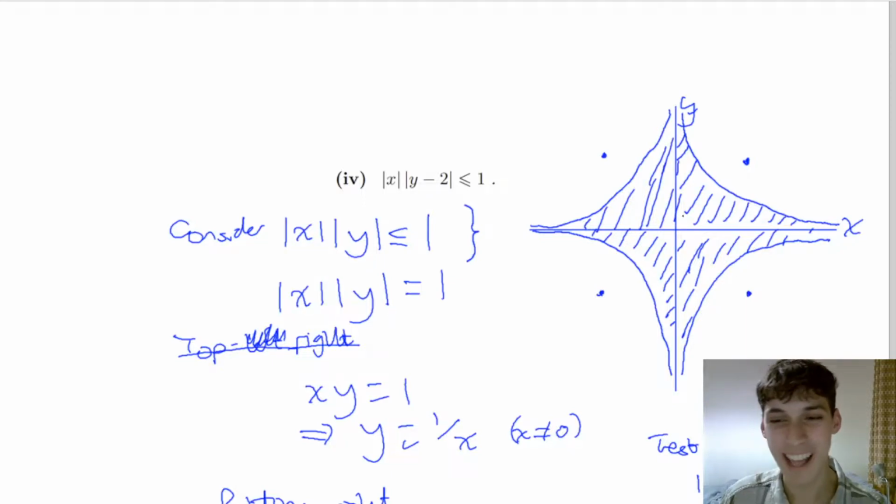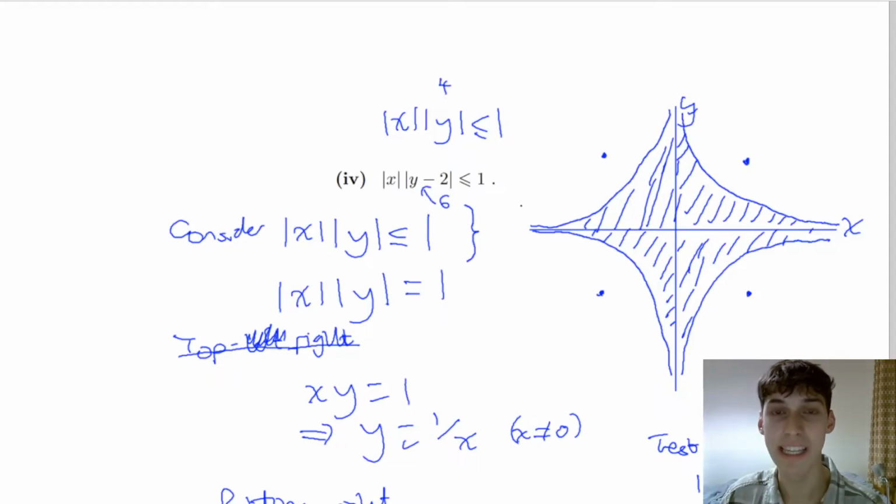We're on the home stretch, where we just want to translate just the y this time, which is quite nice. And again, there's no reason why it shouldn't just be a translation. If we test out some values, say what used to be y is equal to 4, in modulus of x, modulus of y is less than or equal to 1. So y is equal to 4 here, we're going to need a 6 here, and it gives the exact same value as it did.